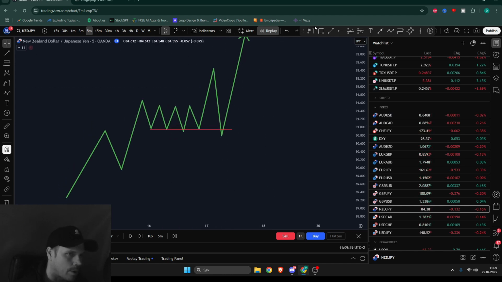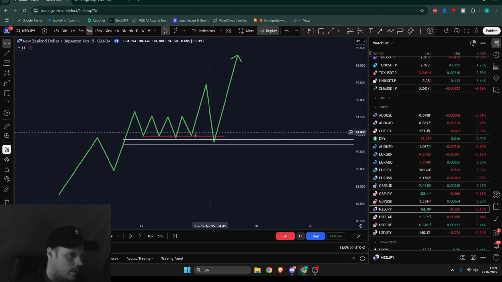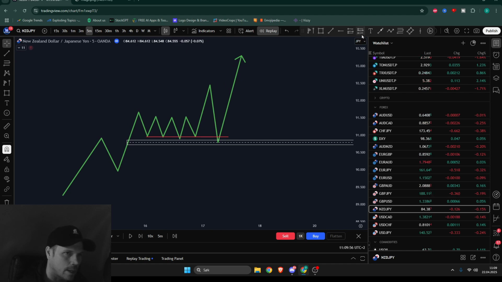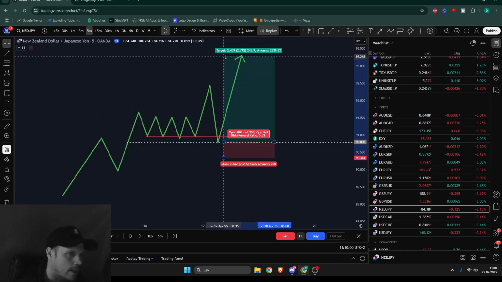And usually when price does this, it's mitigating the first demand zone under these lows in here. So the only thing you actually need to do is look for that first demand zone to push price higher.